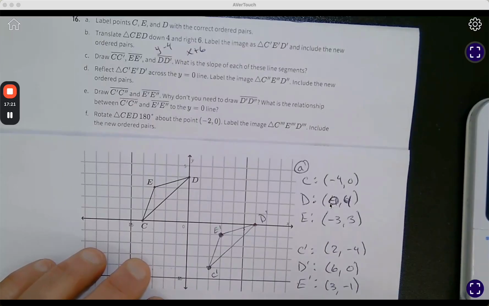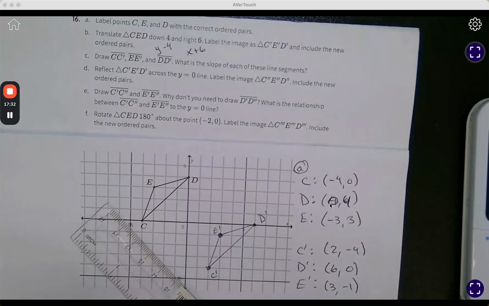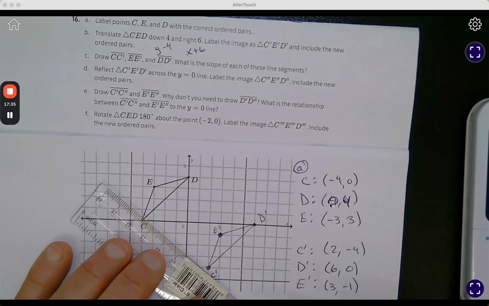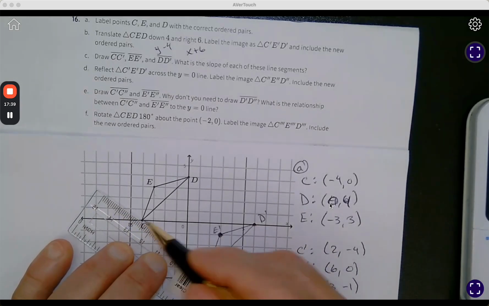Draw C, C, O. Now we've got to draw a bunch of little line segments from C to C prime, E to E prime. I'm going to use a straight edge so it's pretty. There, that.